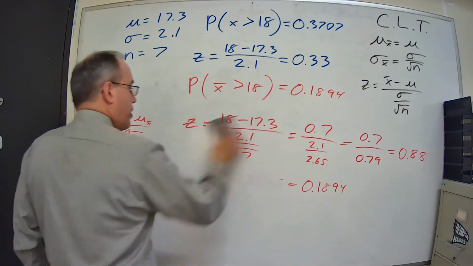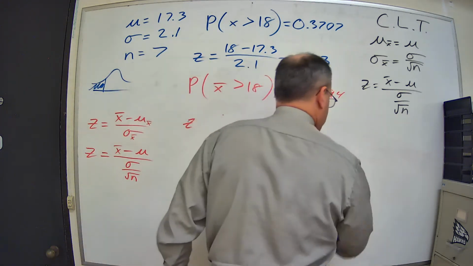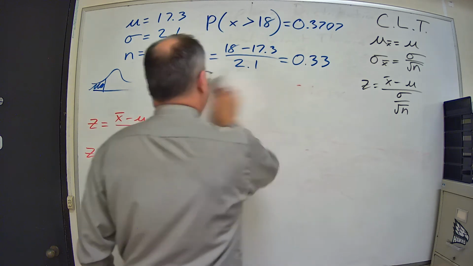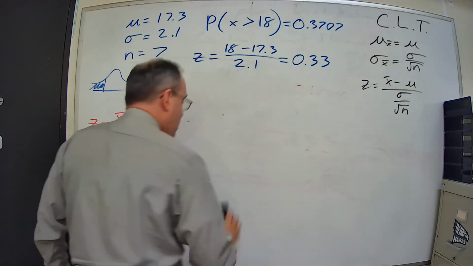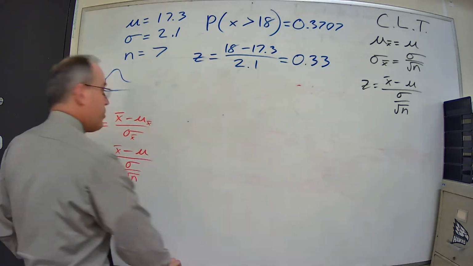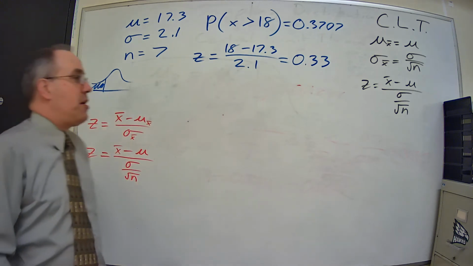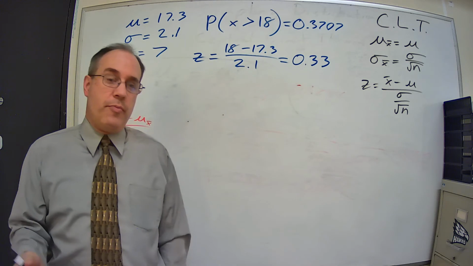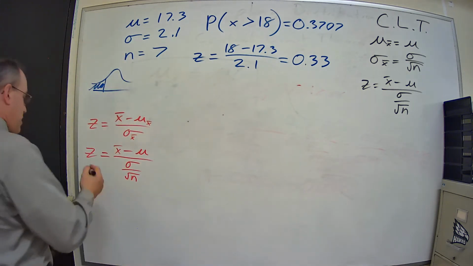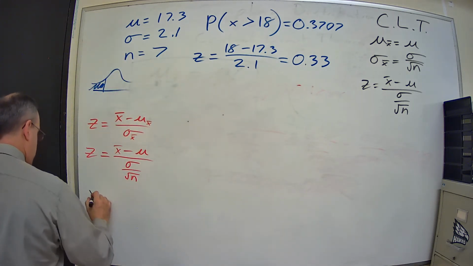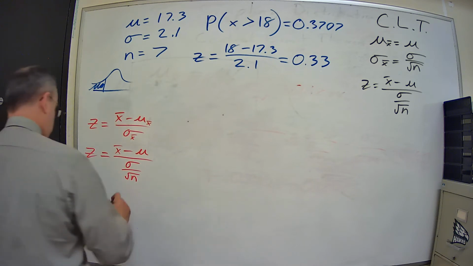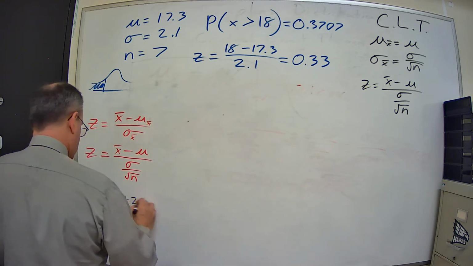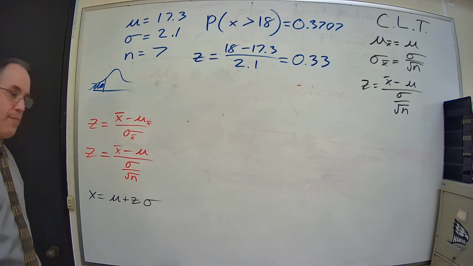And let me get this out of the way so I can continue writing the next part. Which you may see, well, what's the next part? We already have this. The next part is the reverse transform. Remember, we dealt with x is equal to mu plus z sigma.